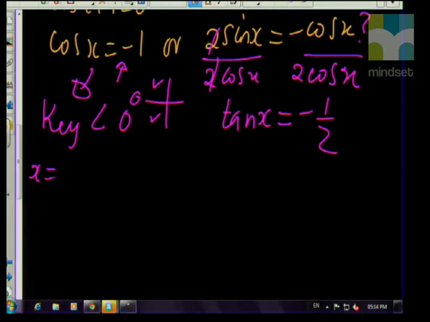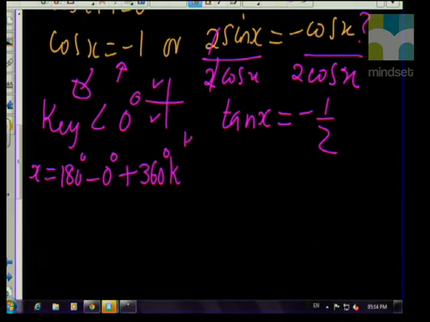So dealing with cos x equals to minus 1, I will have x equals to, in the 2nd quadrant, how do I find an angle in the 2nd quadrant? I would say 180 degrees minus my key angle. In this case, it's 0. Plus, now, remember the period of cos is 360 degrees times k, where k is an element of any integer.